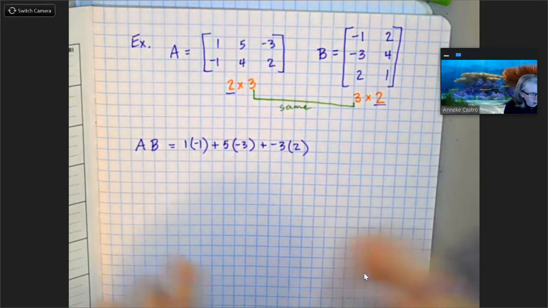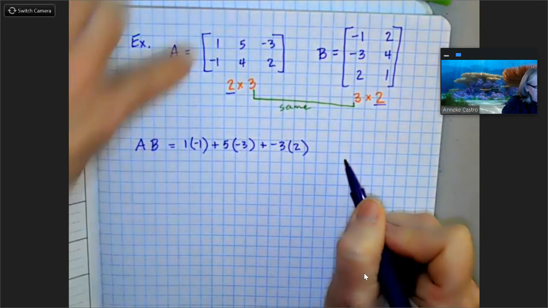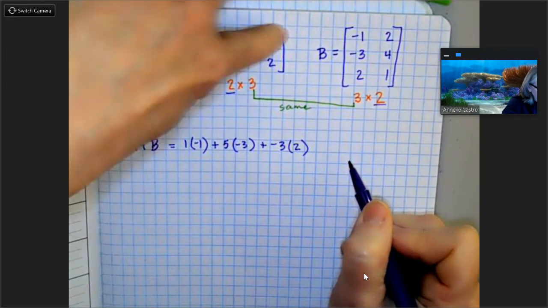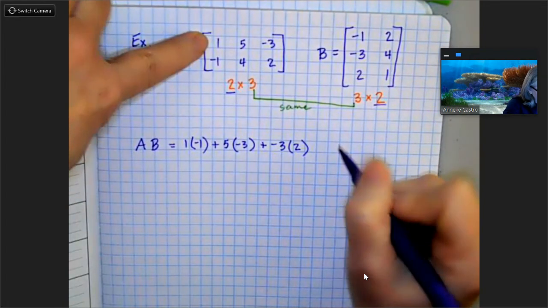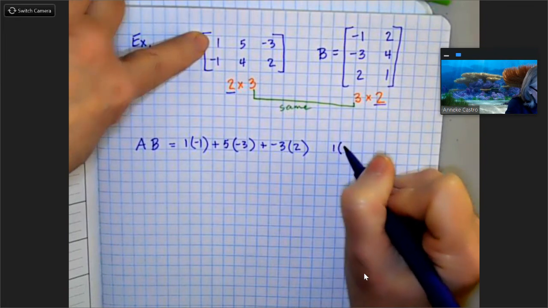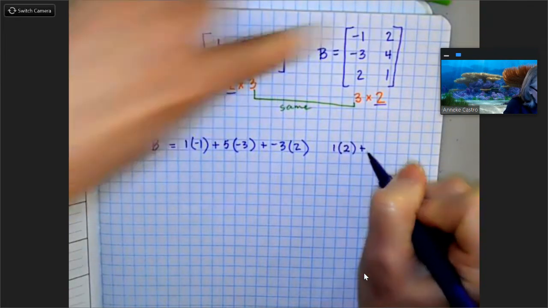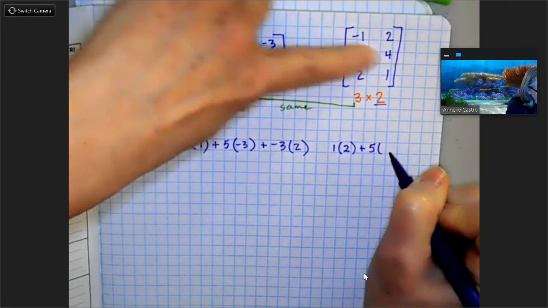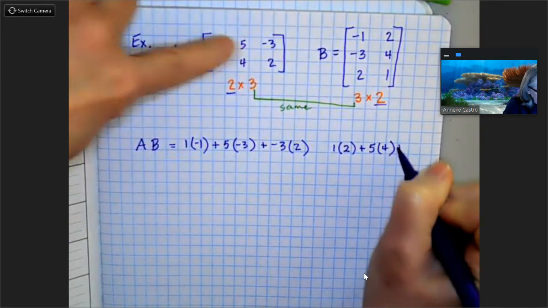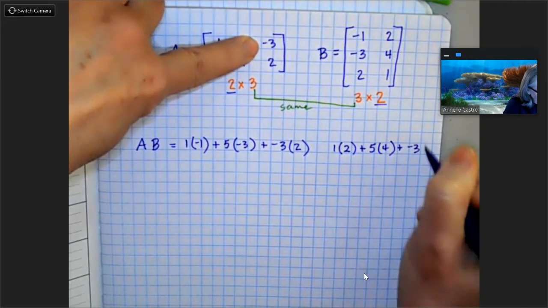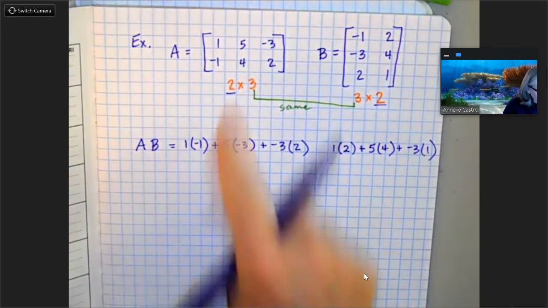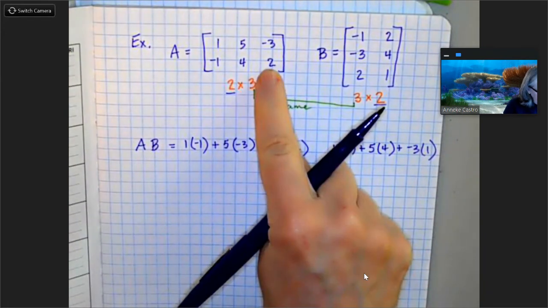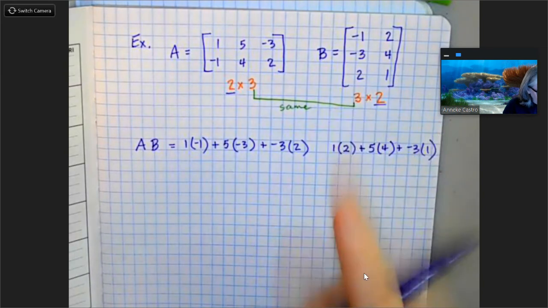Okay, so over here, I'm going to do again the first row but this time with the second column. So I'm going to have 1 times 2 plus 5 times 4 plus -3 times 1. There's that one. Now I'm going to go to my second row, and multiply it with the first column again.